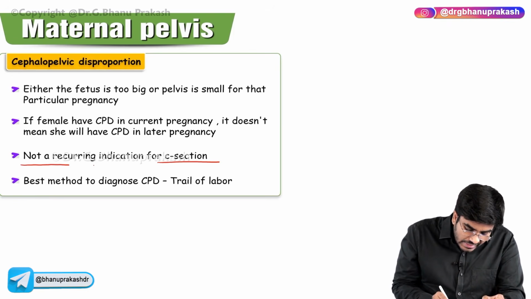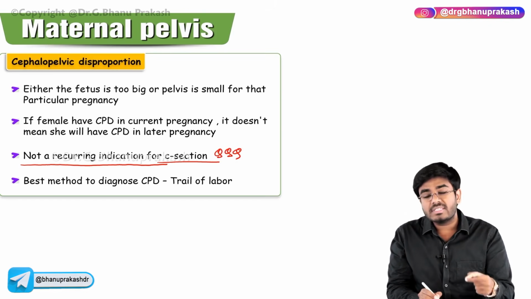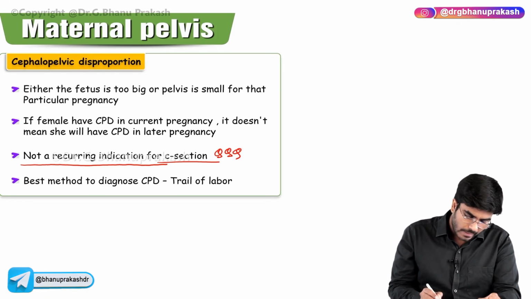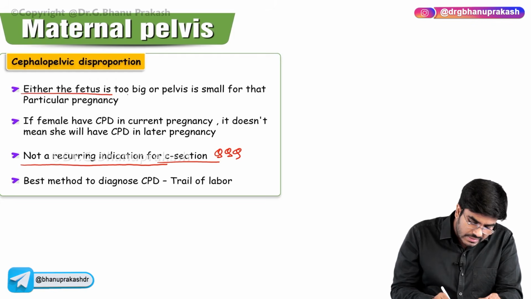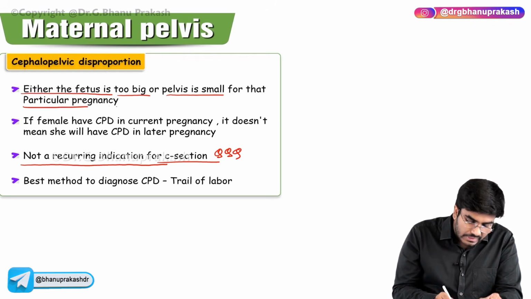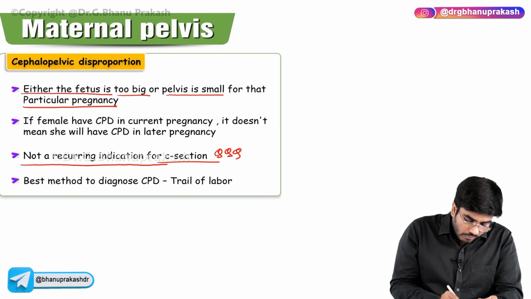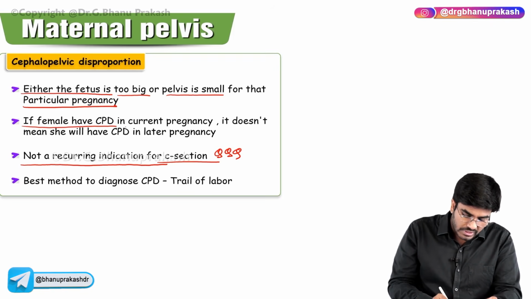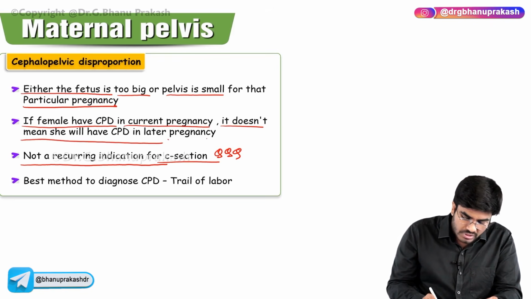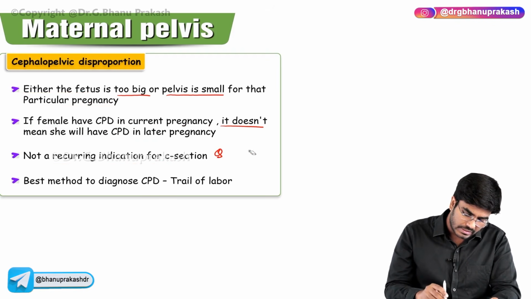So it's not a recurrent indication for C-section, but having a contracted pelvis is a recurrent indication for C-section. That's the one important point I want to put into your mind. Either the fetus is too big or the pelvis is small for this particular pregnancy; there is some abnormality in this pregnancy. If a female has cephalopelvic disproportion in the current pregnancy, it does not mean she will have it in the upcoming pregnancy also. So, it is not a recurrent indication for C-section.